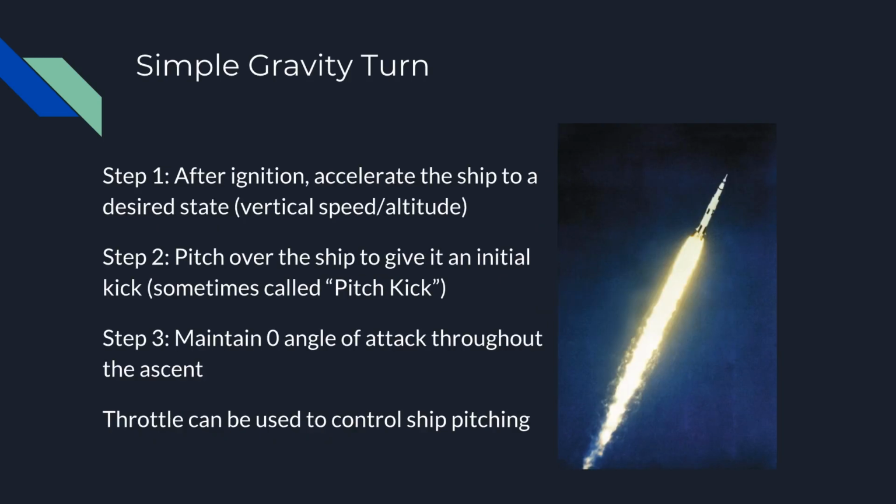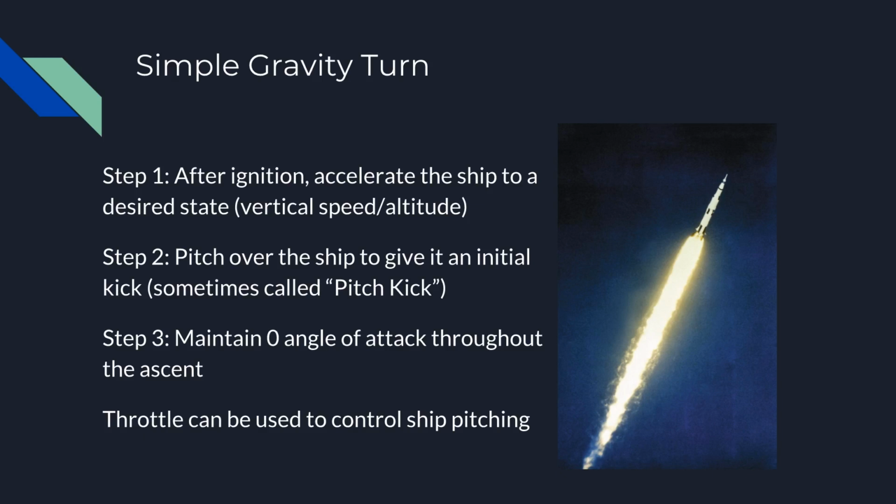So this is the methodology of how a gravity turn is performed, and you can actually hear this be called out in real life launches. Like I said, they have a more robust ascent profile, ascent program, but they still follow this sort of methodology. First thing you do is ignite the engines, accelerate vertically.